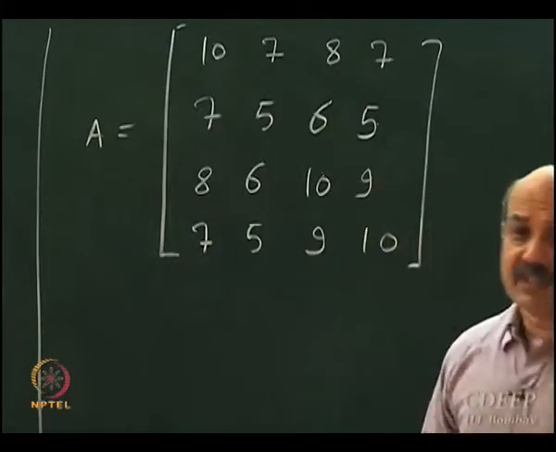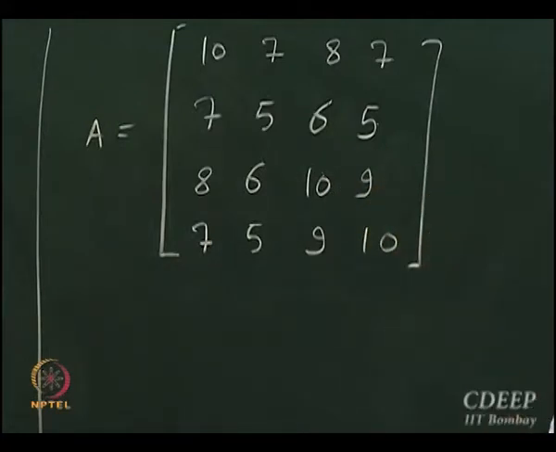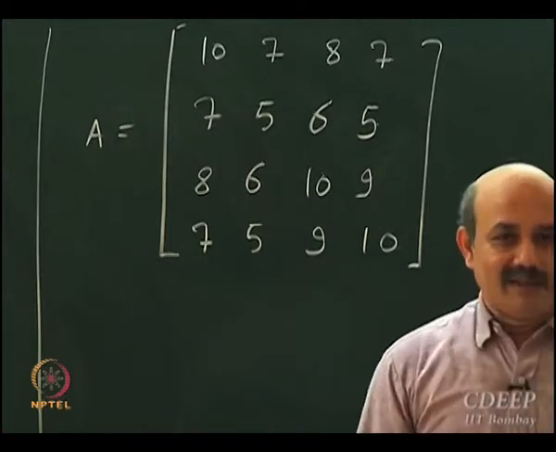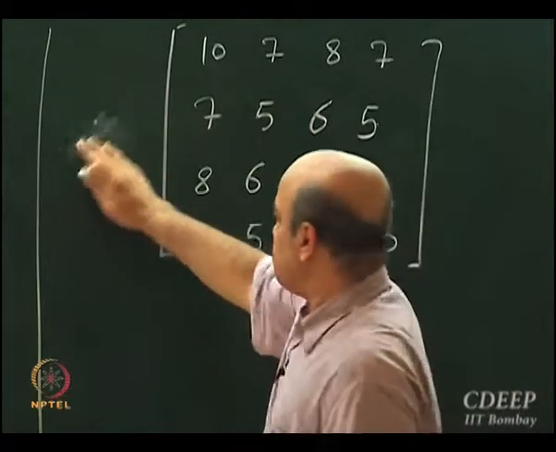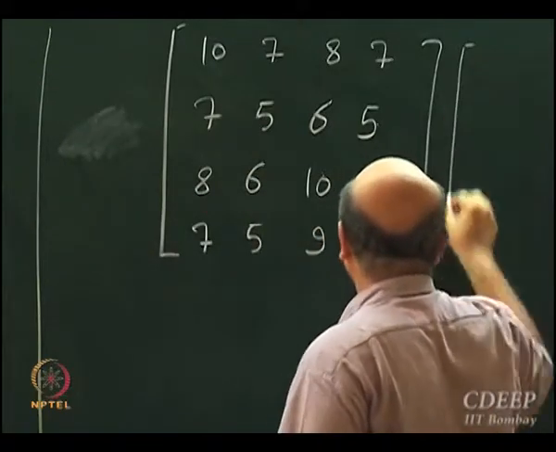The reason for giving all these examples is because unless the motivation is clear, if I just do the raw theory, it doesn't make sense. So this is my A matrix.